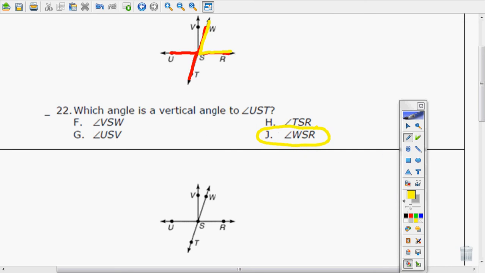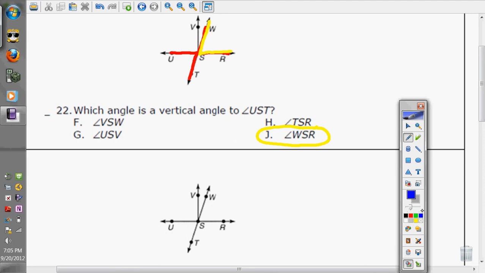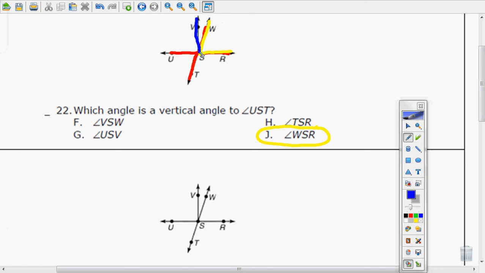Just for fun, we're going to rule out the other wrong answer choices just because we can. We already have highlighted UST, so let's look at VSW. Now it makes a V, but it doesn't look identical to this one, so that's not its vertical buddy.